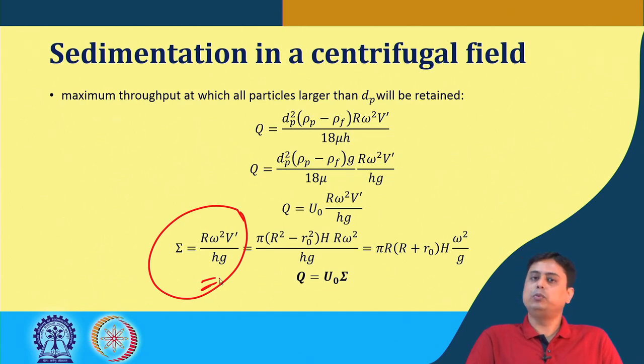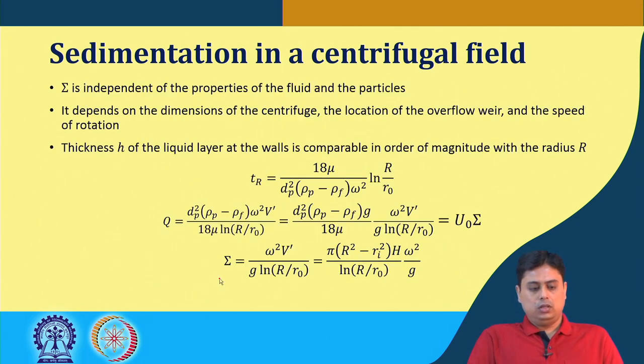This has nothing to do with the particle size or the fluid properties, etc. It is purely a geometric parameter. So, this capacity factor is independent of properties of liquid and the particles.